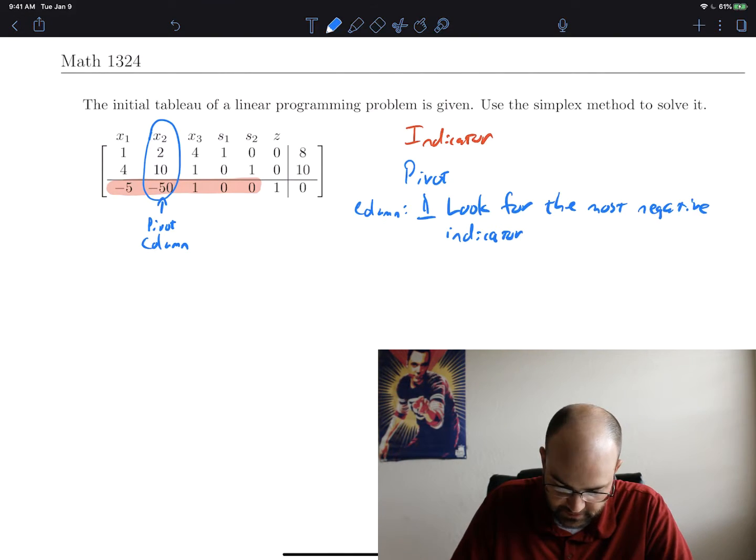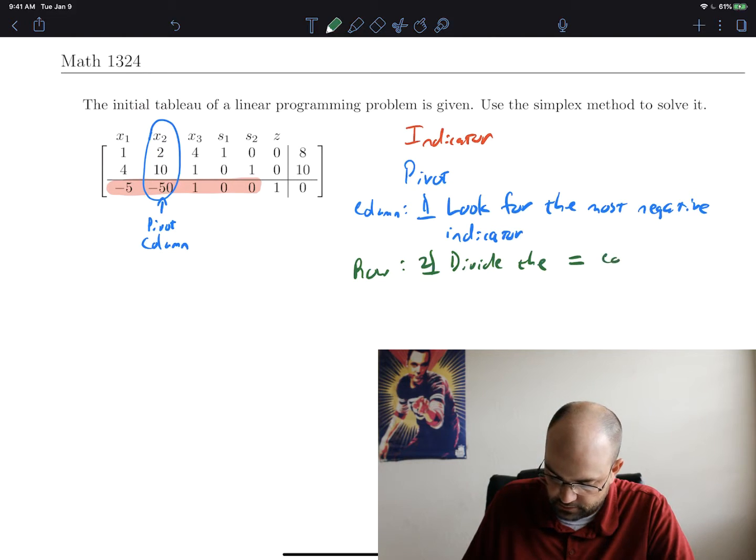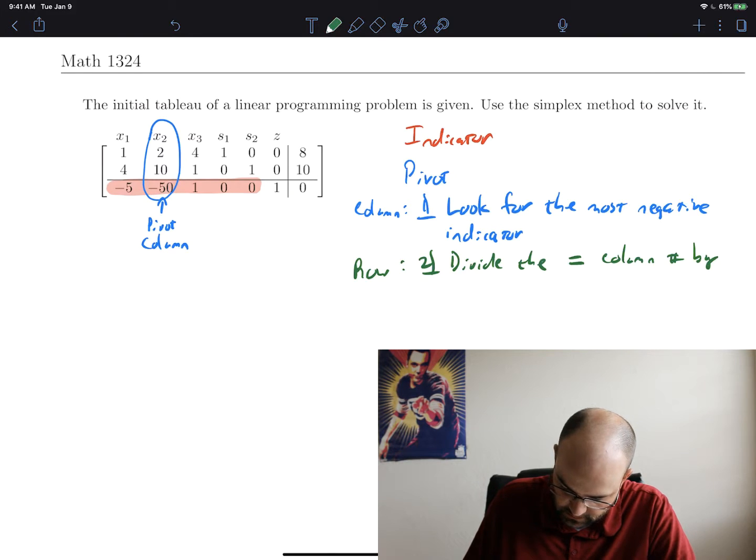So to find the pivot row, first of all, divide the equal column number by the pivot column number.